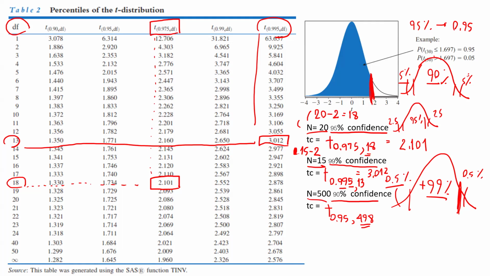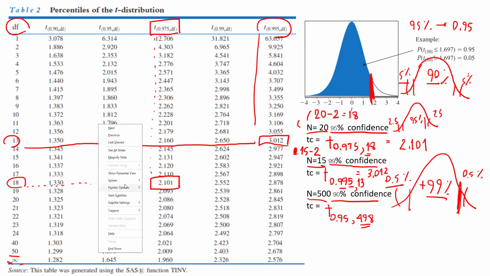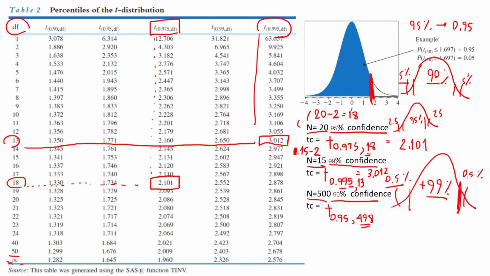And then you will be confused, Professor, hey, the table has only 50 and then infinity. So I would say that if n is large, for example, greater than 100, you can use infinity.